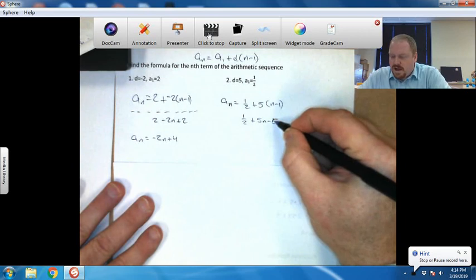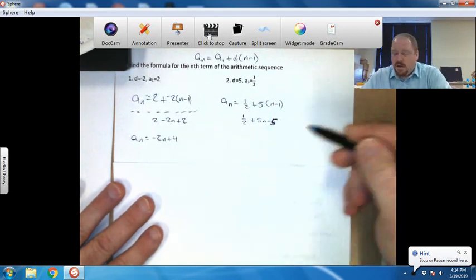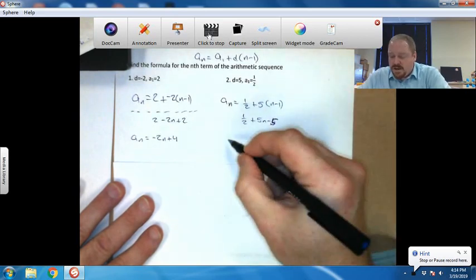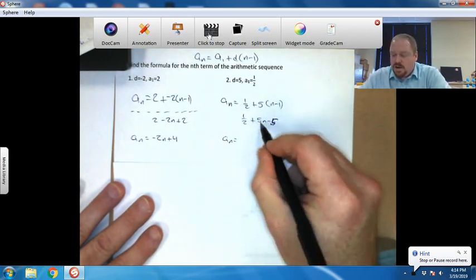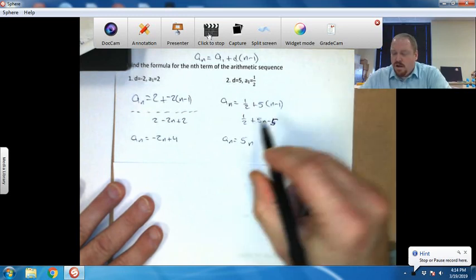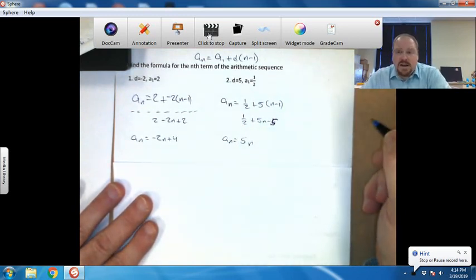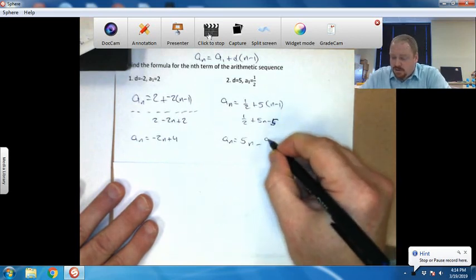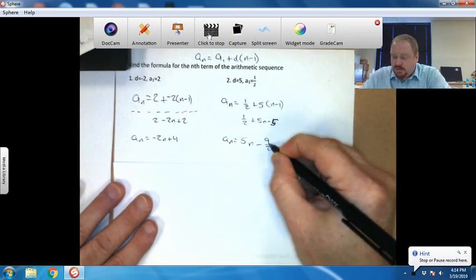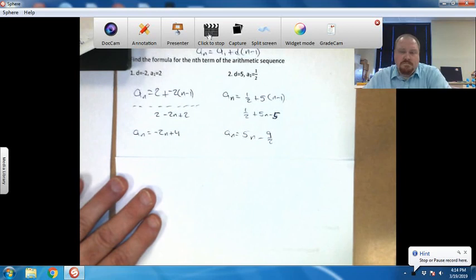This is a 5 here. And then I do the arithmetic here. So I get 5n, 1/2 minus 5. That is actually -9/2 as a fraction. And that's how I would leave it.